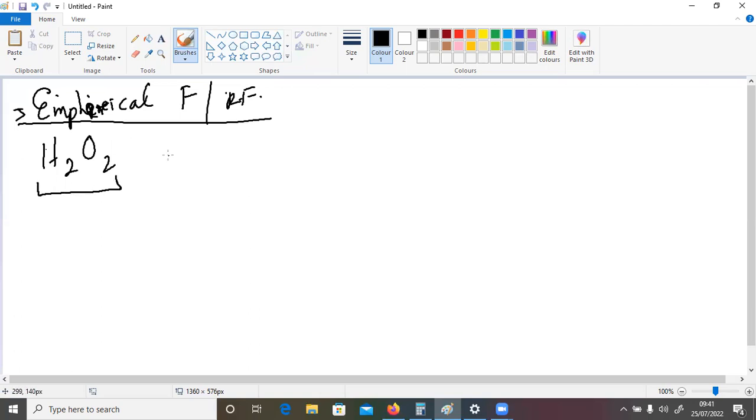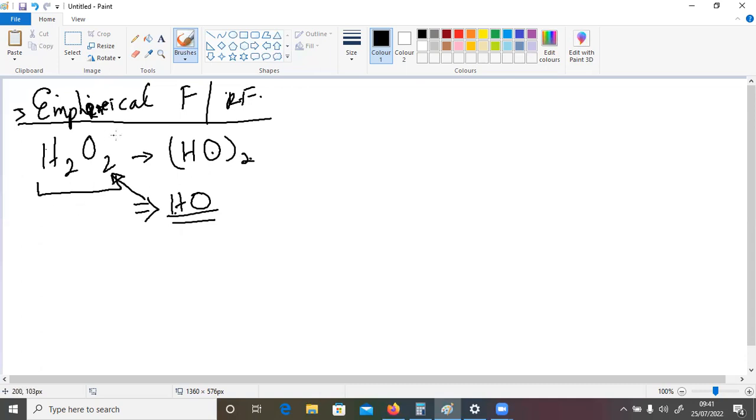But for the empirical formula, I would want to divide every side by 2. I will find HO. I can put this into brackets and show 2 there, meaning that if I multiply H by 2 and O by 2, I'll get the same thing. So when we talk about HO, we say that this is the empirical formula for the hydrogen peroxide molecule.